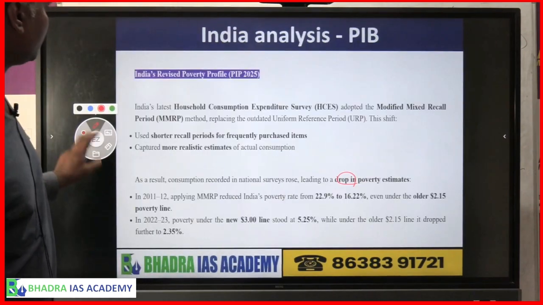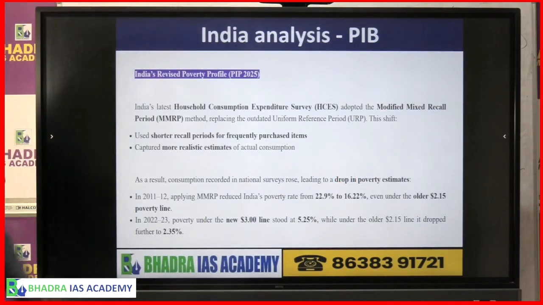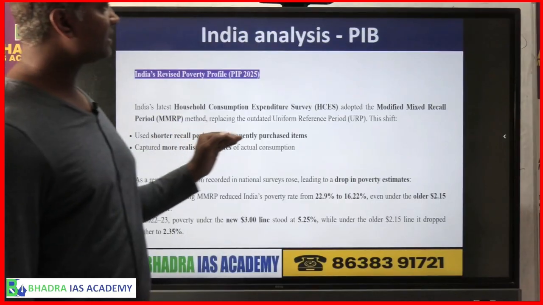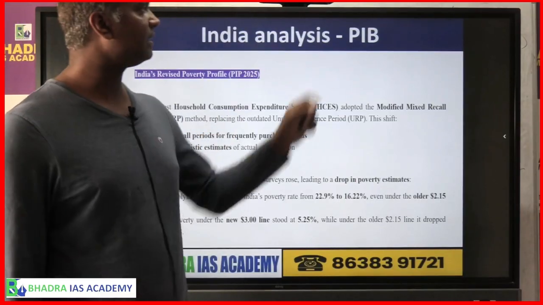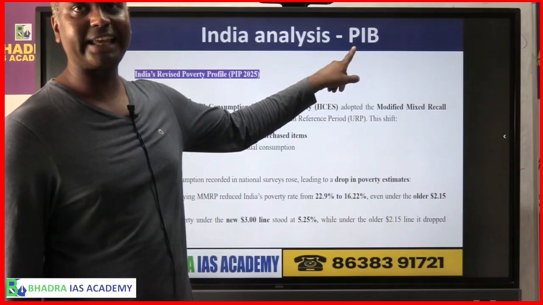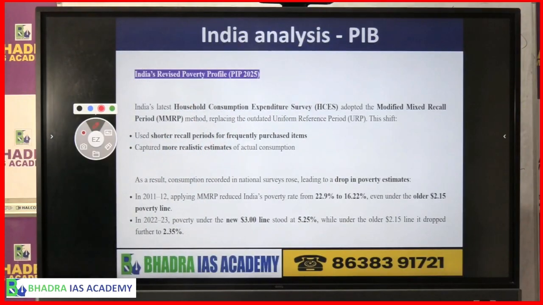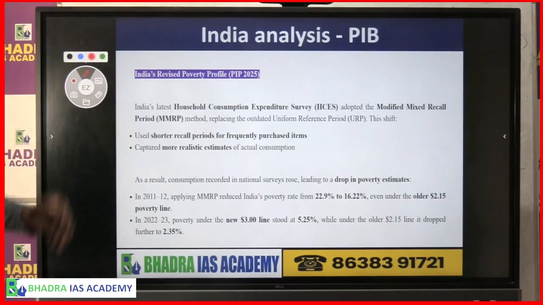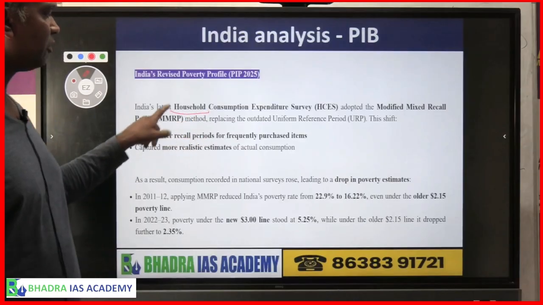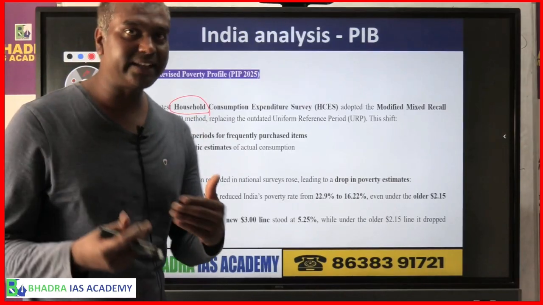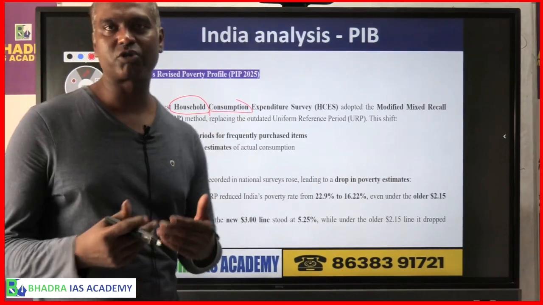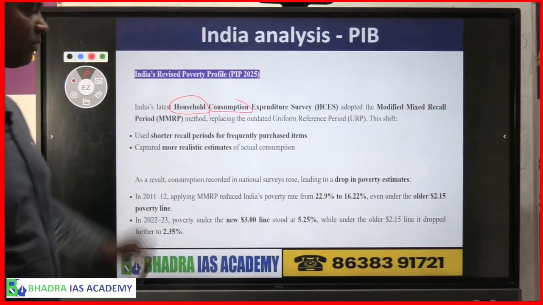Okay, so now let's look at India का analysis. This analysis of India related to poverty is also given by the Press Information Bureau, PIB. So what does it say? If you look at India का poverty, we have based it on the household का expenditure on consumption of goods and services. Based on that, they try to calculate this.